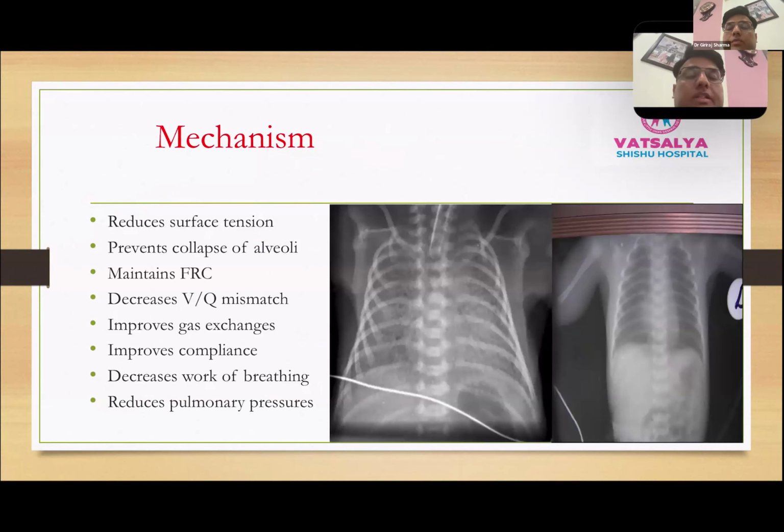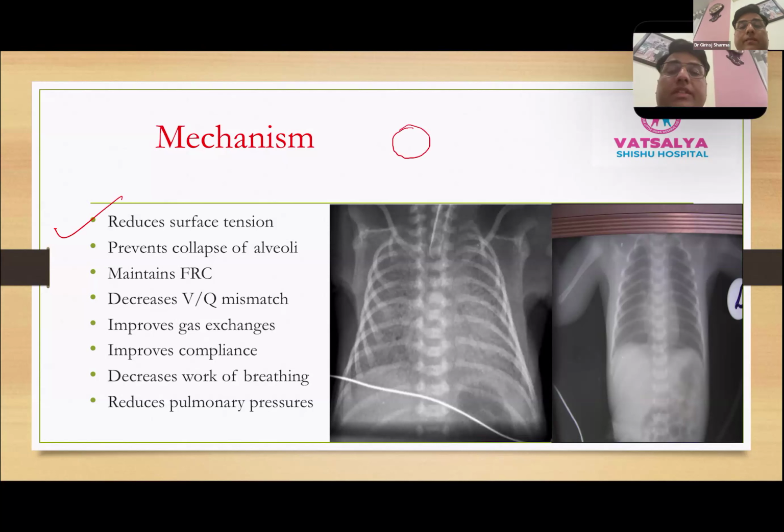Coming to the mechanism of surfactant: how it acts, how it improves oxygenation and ventilation, and how it causes expansion of the lungs. First, in the alveoli there is surface tension. Because of the surface tension of the fluid molecules inside the alveoli, there is a tendency to collapse.